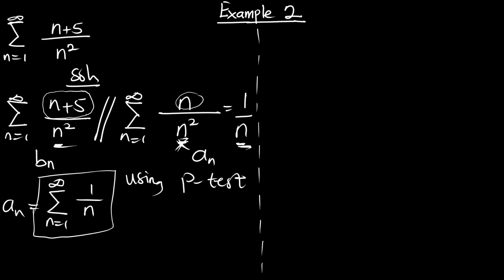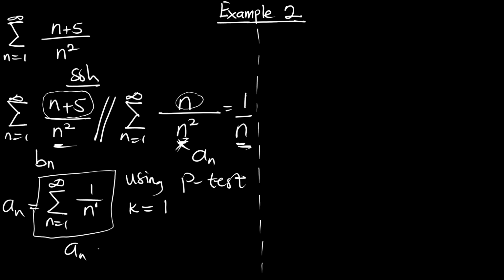Alright, so with a p-test, what do we see? We can see that the n is raised to the power 1, where that is our k is equal to 1. And what did we say? If our k is equal to 1, that means the series is going to diverge, right? If k is equal to or less than 1, the series is going to diverge.